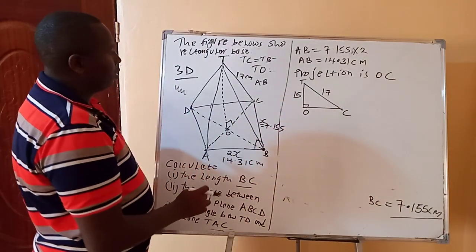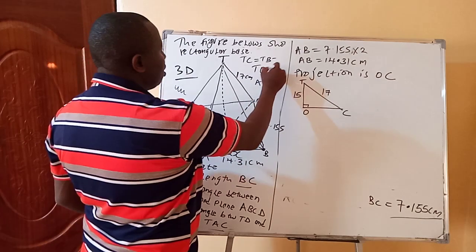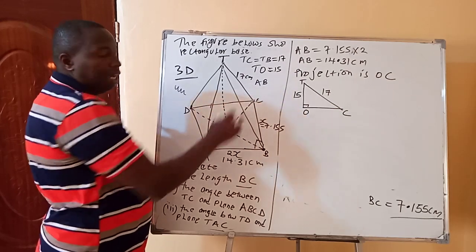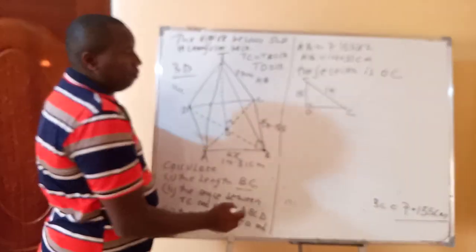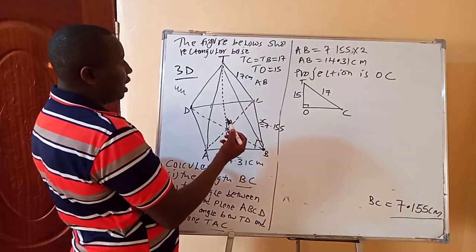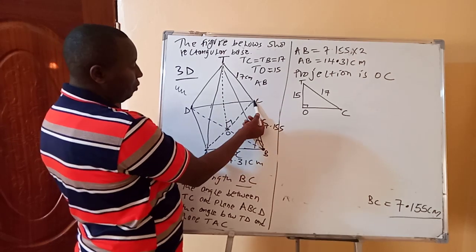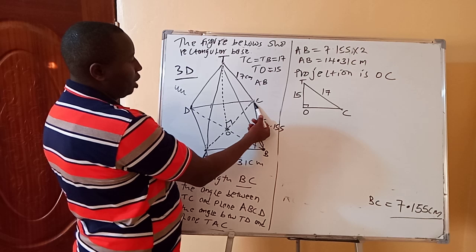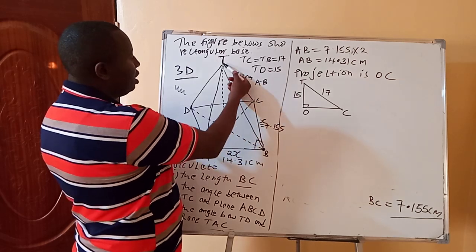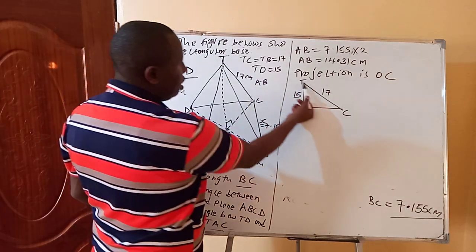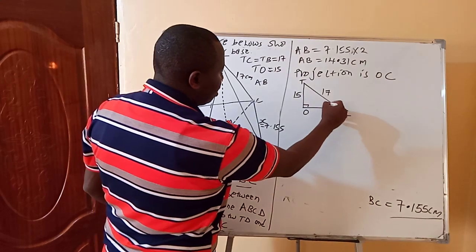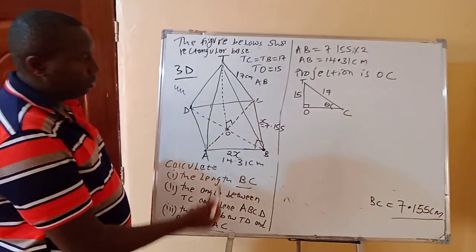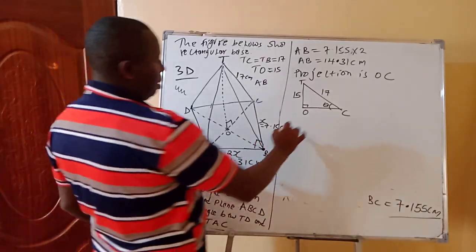So the required angle between TC and plane ABCD is the angle between the line and its projection. So the angle required is TOC. Call this angle theta.